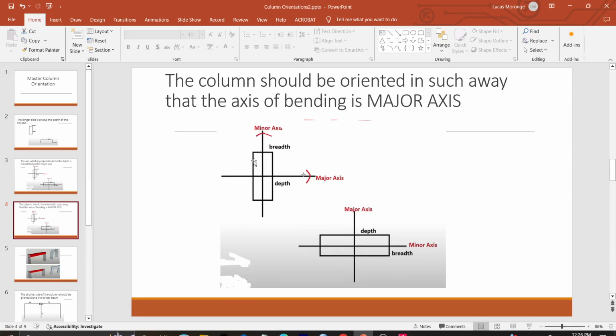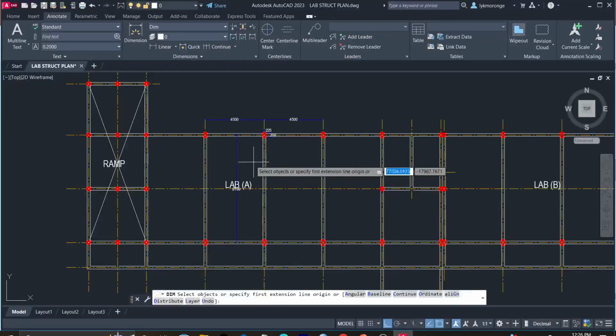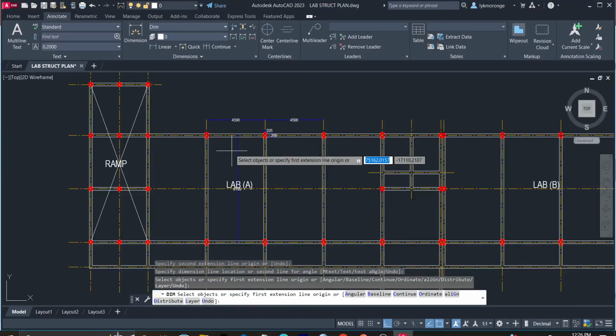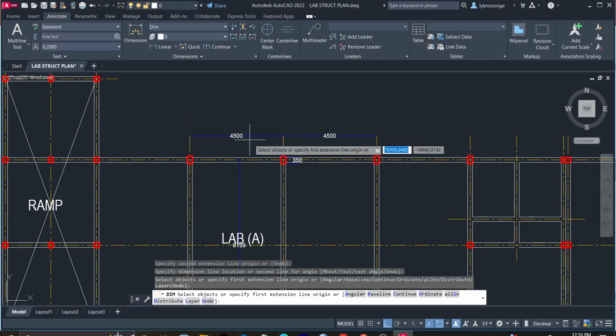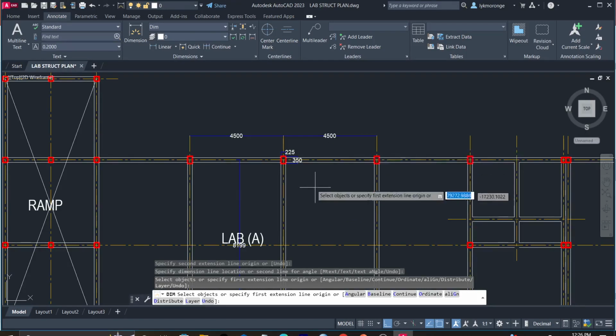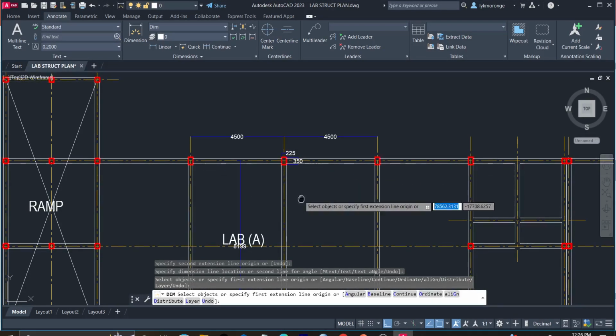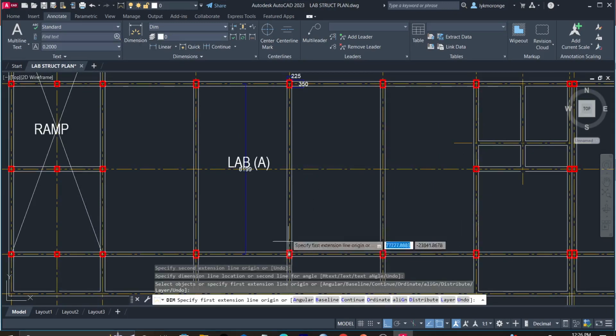To have a better explanation, let's look at an example. If, for instance, you have your columns with spans of 4.5 meters and the other one is 4.5 meters, when it comes to bending moment, the two moments will cancel, and you will be left with this column here.